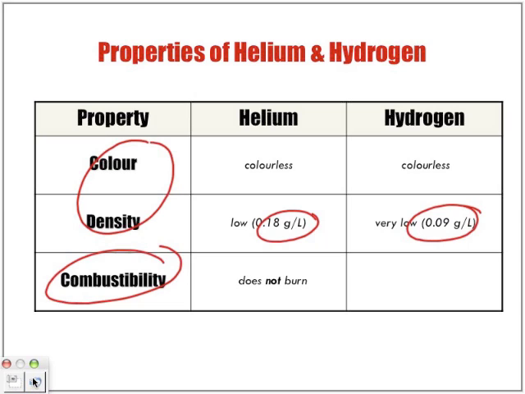Helium doesn't burn, hydrogen burns. We use helium in balloons because it's safer. In the Hindenburg incident, it was filled with hydrogen because it's lighter, but they didn't take their precautions and it caused the Hindenburg to explode.